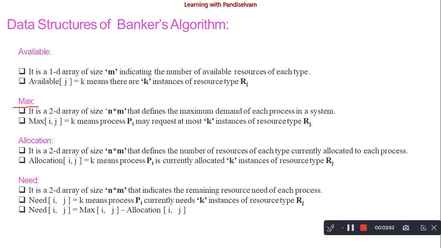Allocation: currently, what are the resources allocated to the particular process? Need: currently, what is the need of the particular process? These are the four most important data structures for Banker's algorithm.